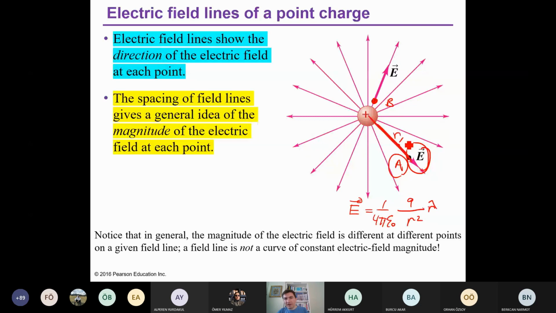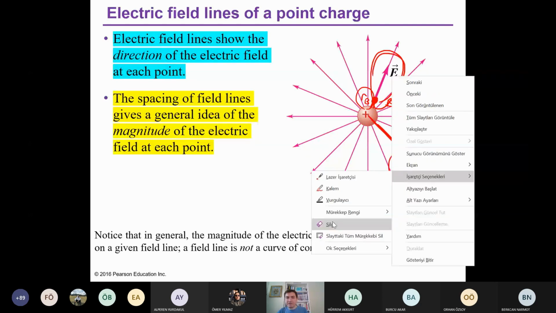And here I have another point, B point. Look at the distance. Distance R_B is very small. If distance is small, then electric field is bigger. So for this reason here I am showing a bigger vector, because it is a closer point to the source, to the charge. I hope it is clear.